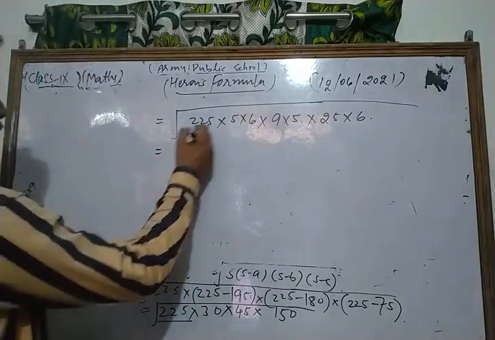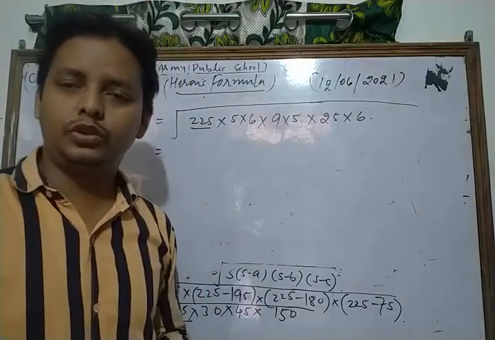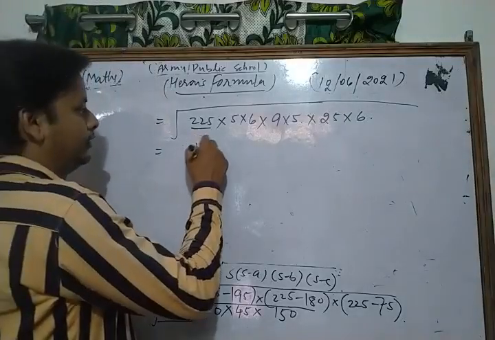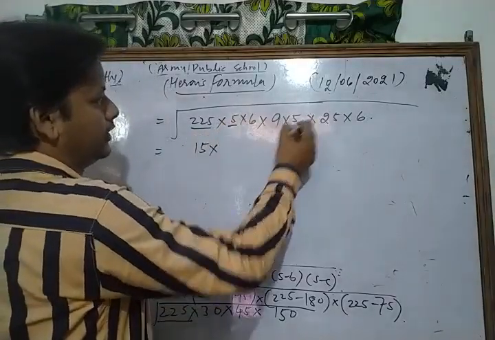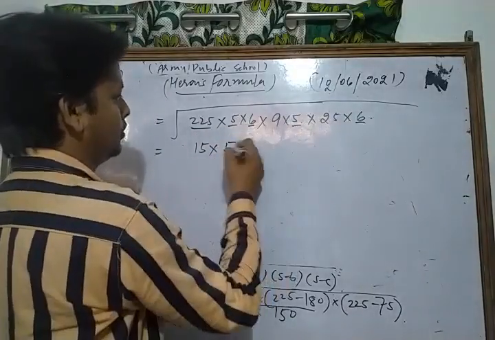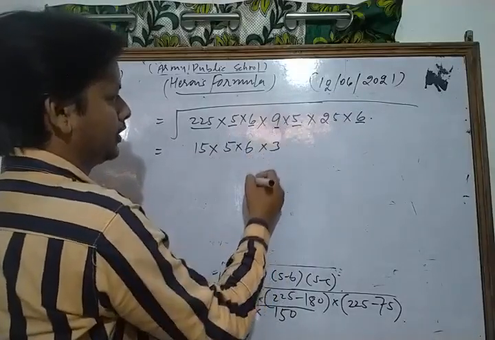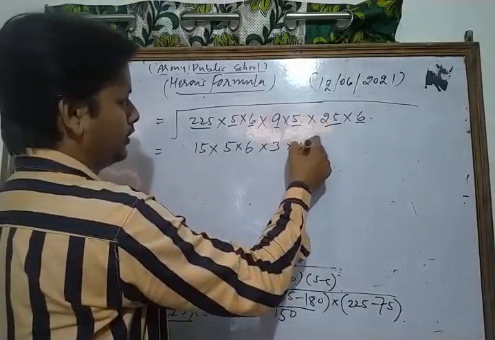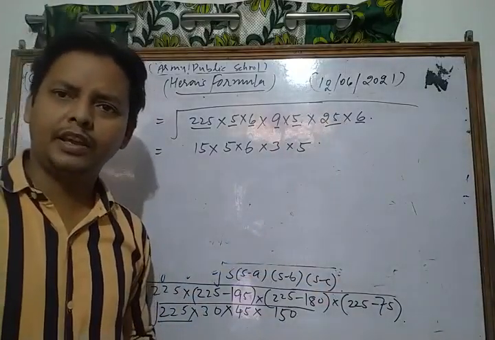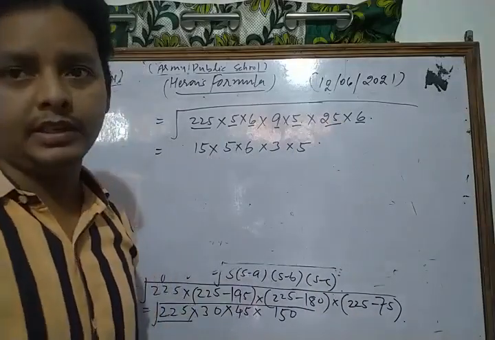So dear student, the square root of 225, you know, is 15. So here we write 15. 5 is in a pair, so 5 comes out of the surds. 6 is also in a pair, so 6 comes out of the surds, and the square root of 9 is 3, and the square root of 25 is 5. Now in this way all the values come out of the surds. Now we multiply them and we get our result.